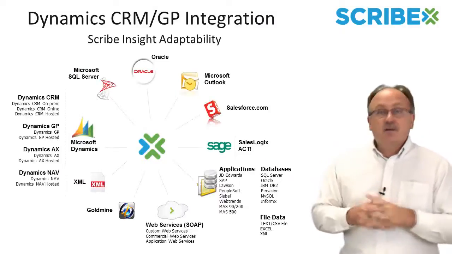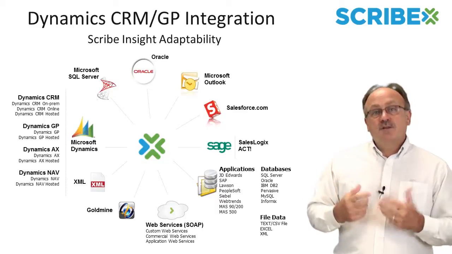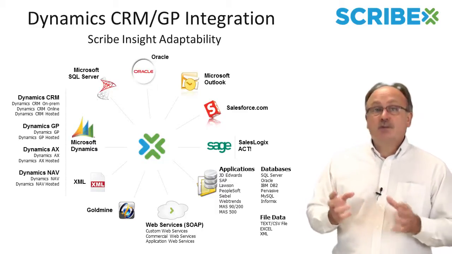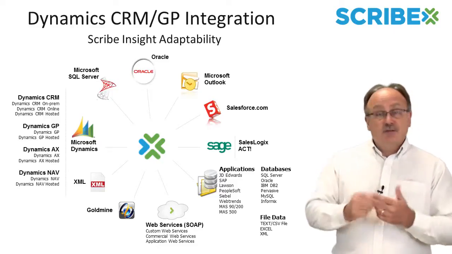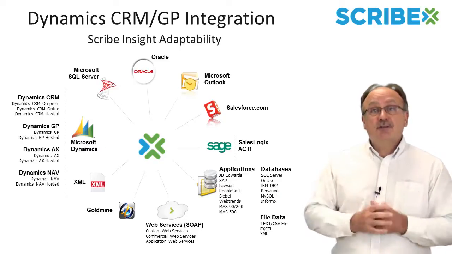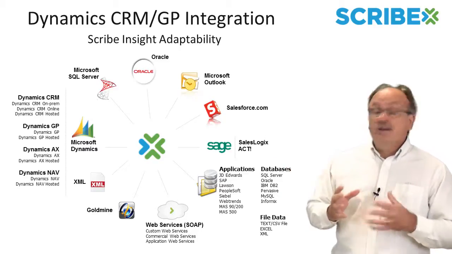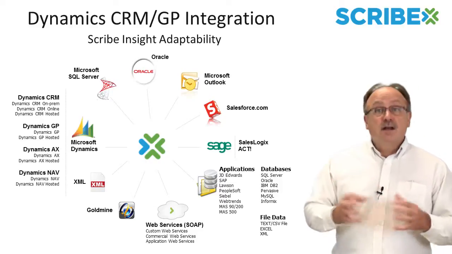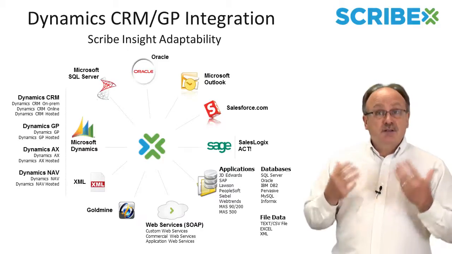As you can see here, this is our adaptability slide. This shows you the many different endpoints that Scribe Insight can connect into. We are not just a point-to-point solution. We're focusing today on GP and CRM with regards to an integration, but understand we do more than just that. This slide shows you our breadth of reach in terms of these other endpoints that may be of strategic value to you.